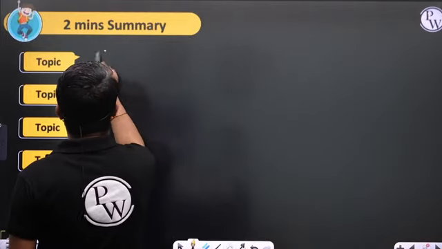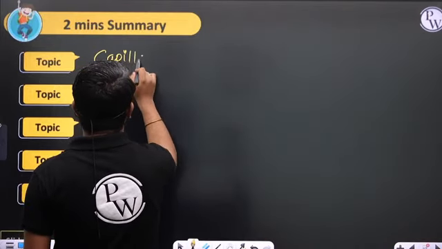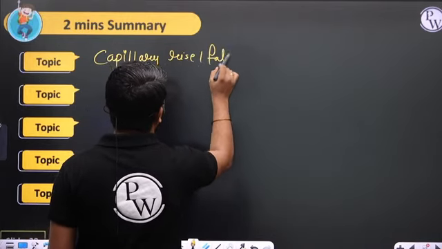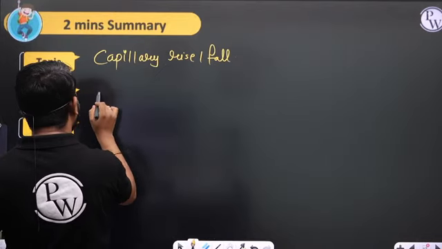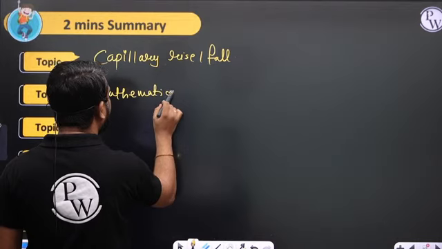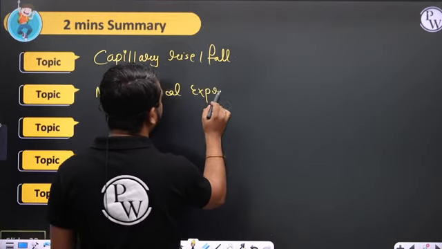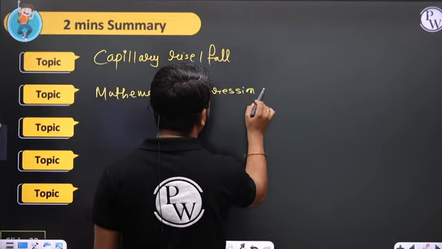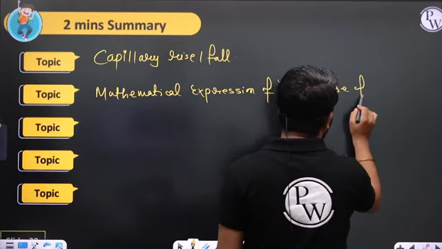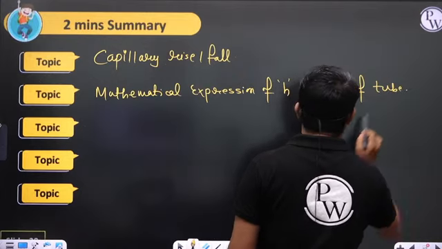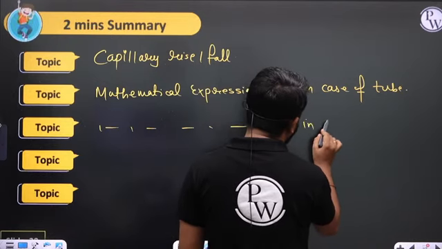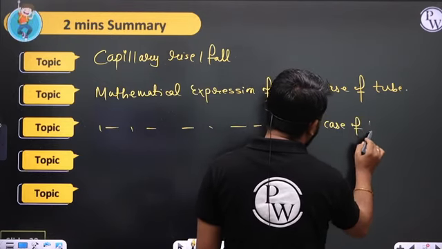So today we discussed capillary rise and capillary fall, and also the mathematical expression of H in case of tube, and the mathematical expression of H in case of plates.